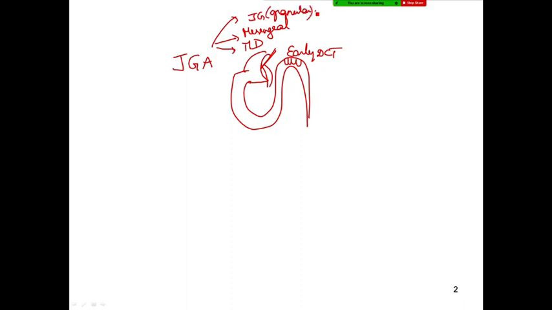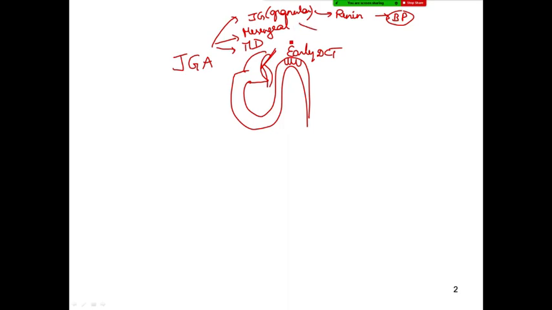And what are the functions? JG cells secrete renin, which has a role in regulating blood pressure. If renin is dealing with blood pressure, what should be the stimulus for release of renin? Decreased blood flow. Whereas erythropoietin is dealing with erythropoiesis, oxygen. So a loss of oxygen will stimulate release of erythropoietin.